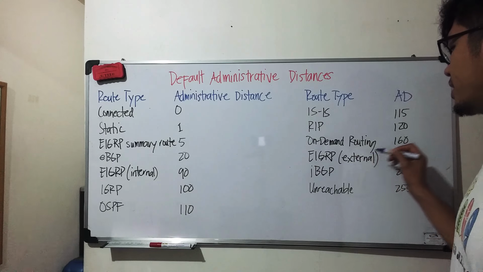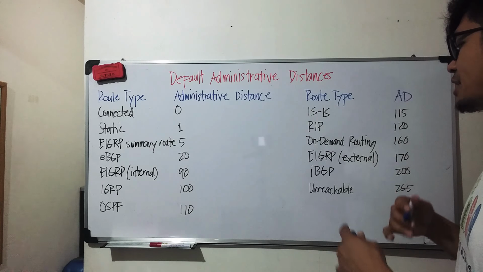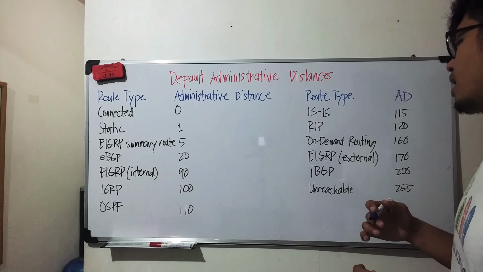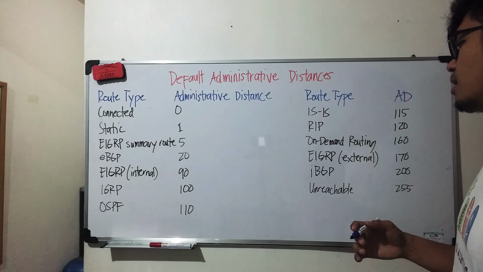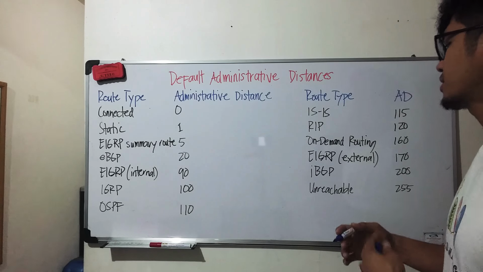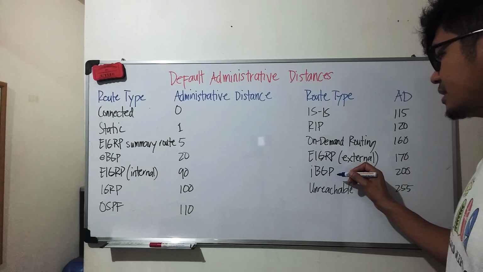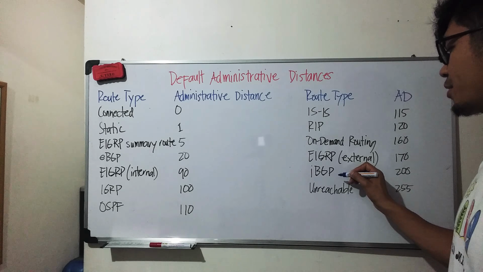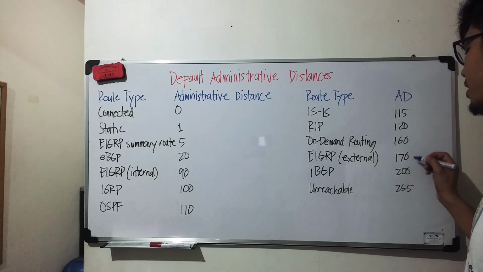So for the EIGRP external route, I believe these are the routes that were redistributed into the EIGRP process. And of course, IBGP stands for Internal Border Gateway Protocol, and has an AD of 200.